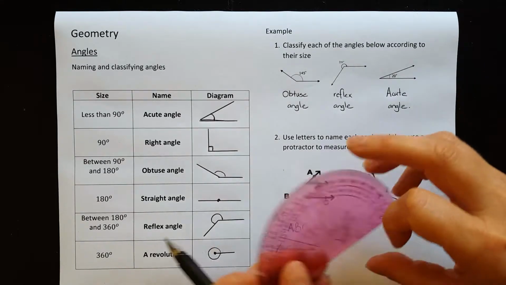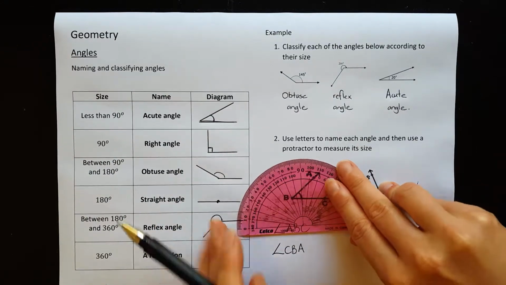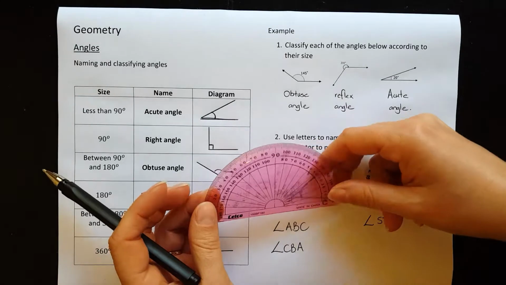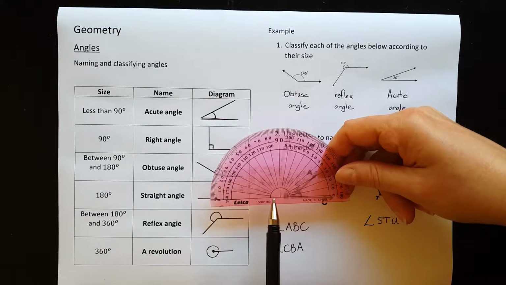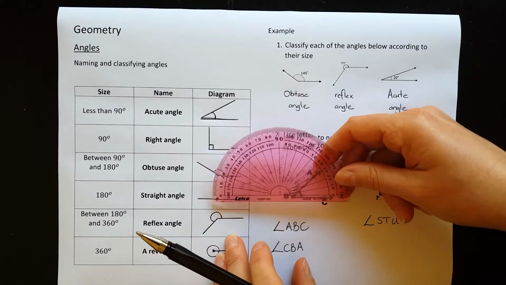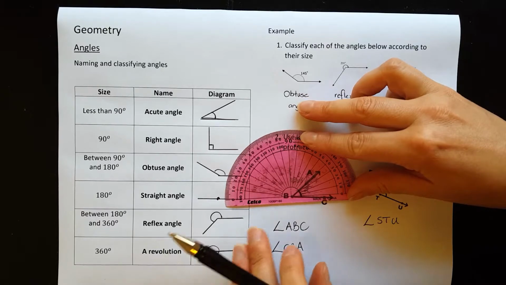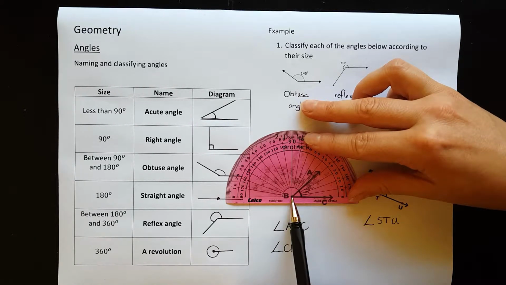So we get our protractor. To use a protractor, the center part here is the center of your protractor. That needs to go on the vertex of your angle. So very carefully, I want that cross part to be on the very end of my angle.